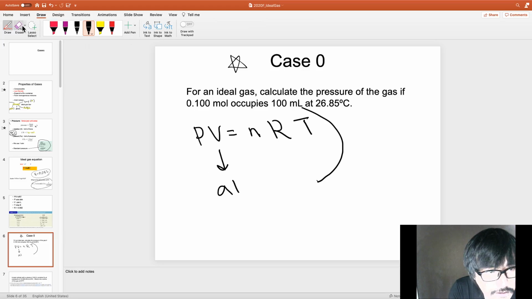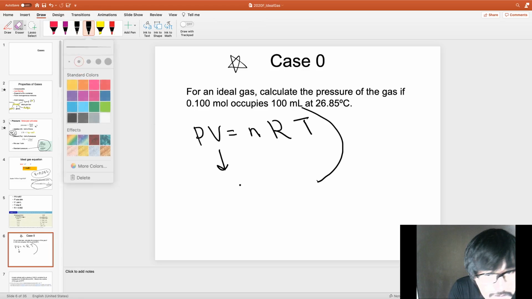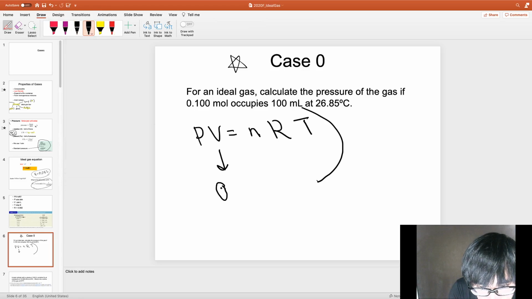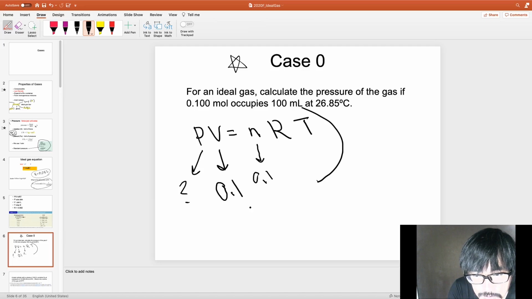Oops, let me just try it. That was ugly stuff. 0.1, right? And then we're trying to solve for this one right here. And n is 0.12.